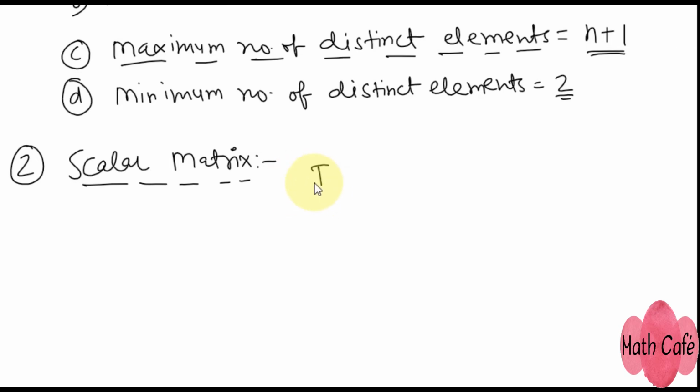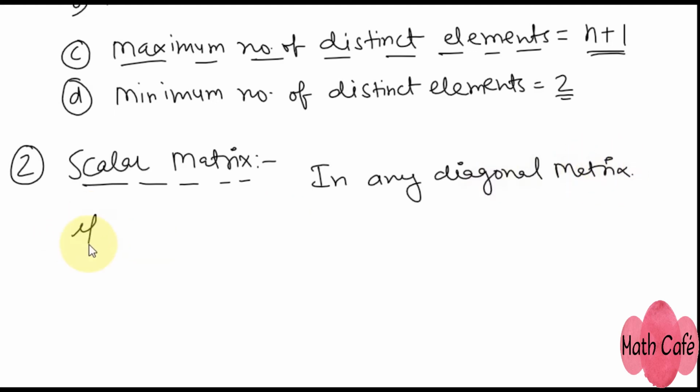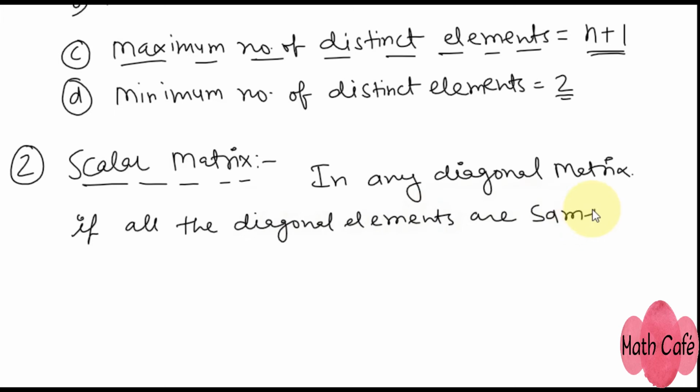All right, so in any diagonal matrix, if all the diagonal elements are same, but they cannot be 0, and equal to a non-zero quantity.